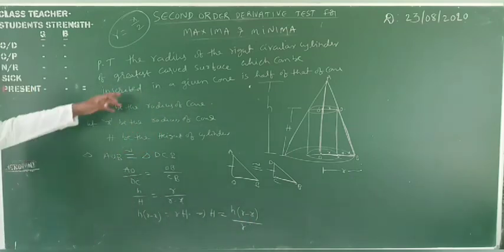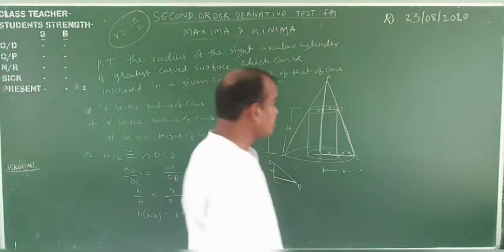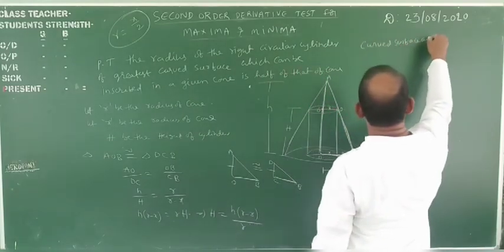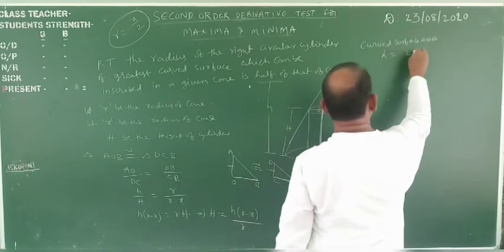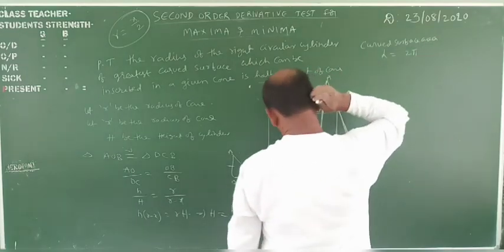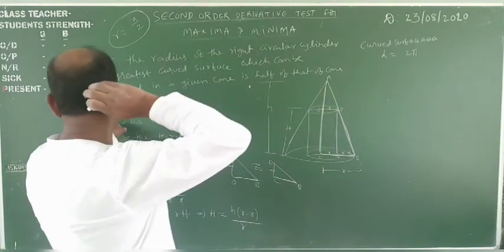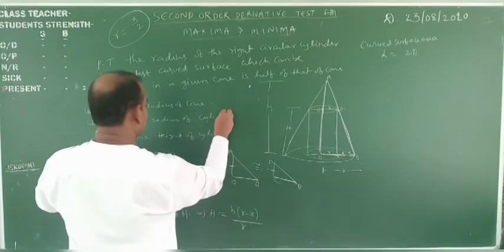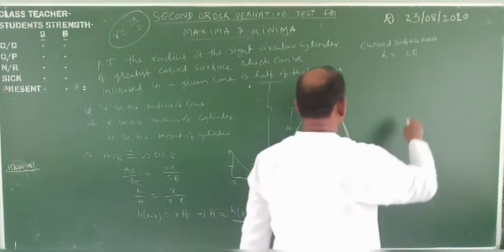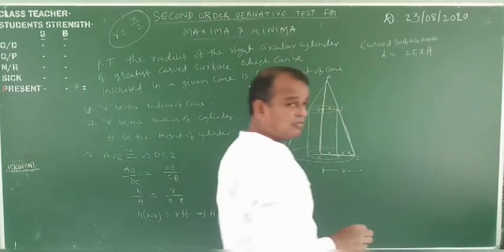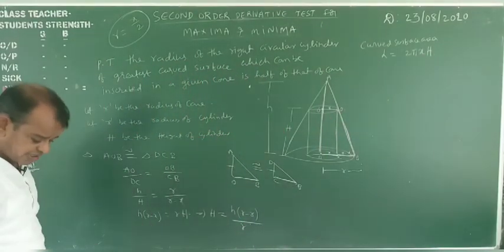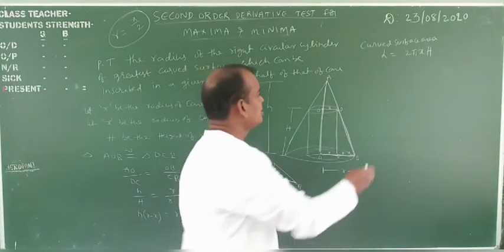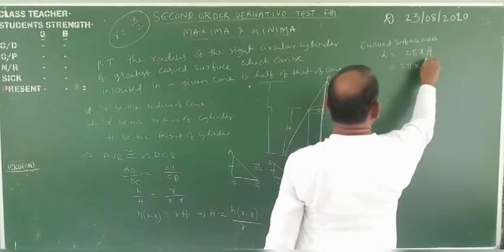Now the curved surface area is maximum, the greatest curved surface area. Curved surface area L is equal to 2 pi R h, where x is the radius of the cylinder, so 2 pi x h.